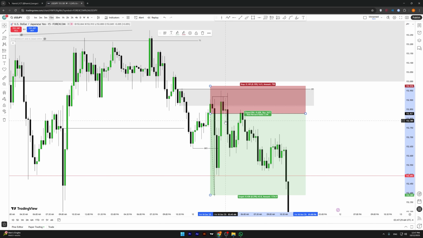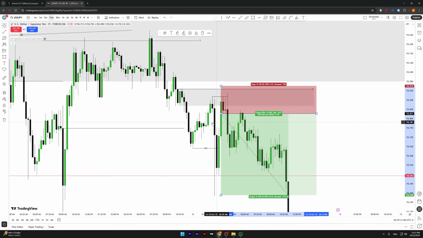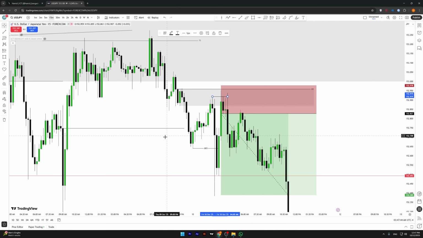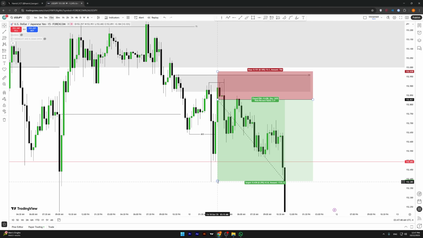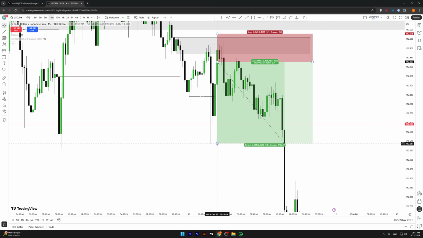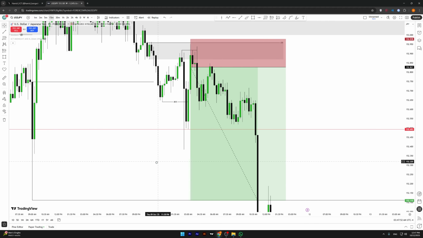So this was my second entry, and then price released to the upside, activated my order, and swept this high. I placed my SL above this order block because I was expecting a sweep of this swing. So price swept this liquidity and then released to the downside.